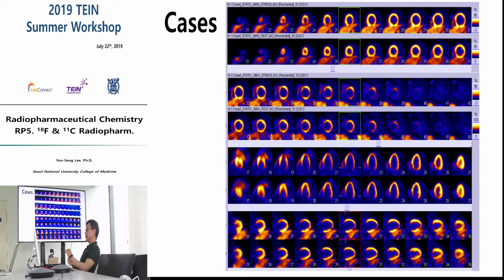And this is a case of a patient with dyspnea and angina, and this is an MPI perfusion image. However, just looking at the stress and rest image, it is quite hard to recognize a reversible perfusion defect.